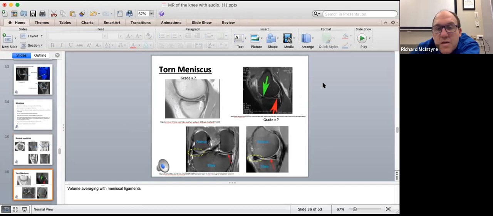So what do we see when it's disrupted? We see signal within the meniscus. Okay, so we have a tear here. We have a normal meniscus, the triangular appearance, and we have a tear in the middle of that meniscus. Can you see that bright line? Okay, whereas we have a normal meniscus here.